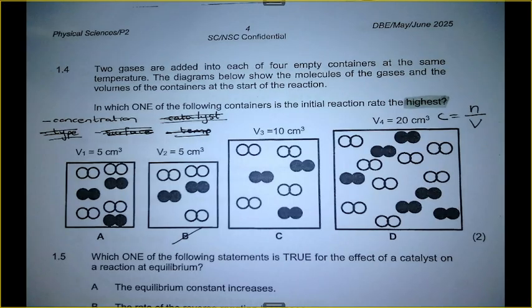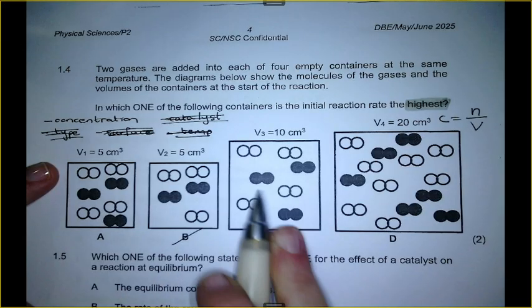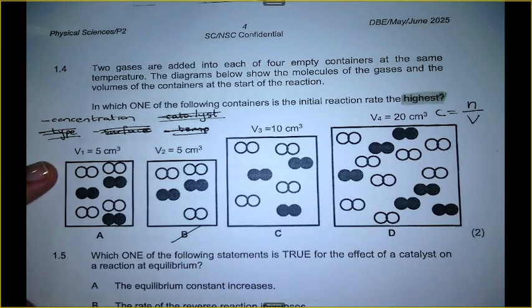higher rate of reaction. Alright, so let's compare A and C. 1, 2, 3, 4. 1, 2, 3, 4. 1, 2, 3. 1, 2, 3. Can you guys see that A and C have the same number of particles of each of the reactants in?